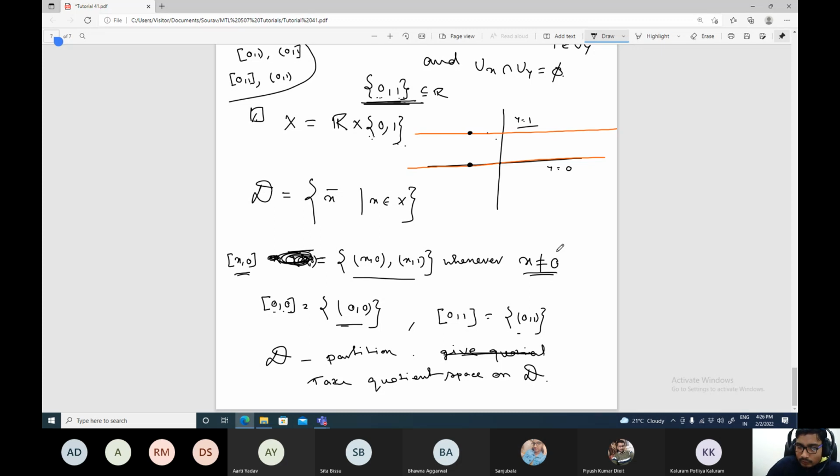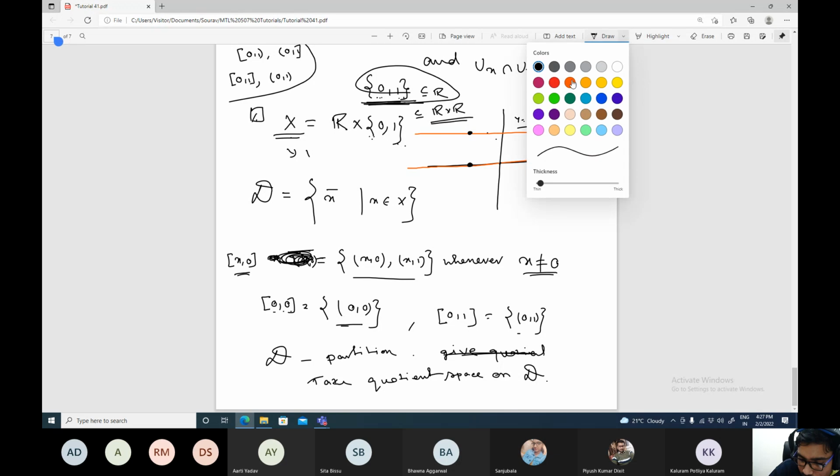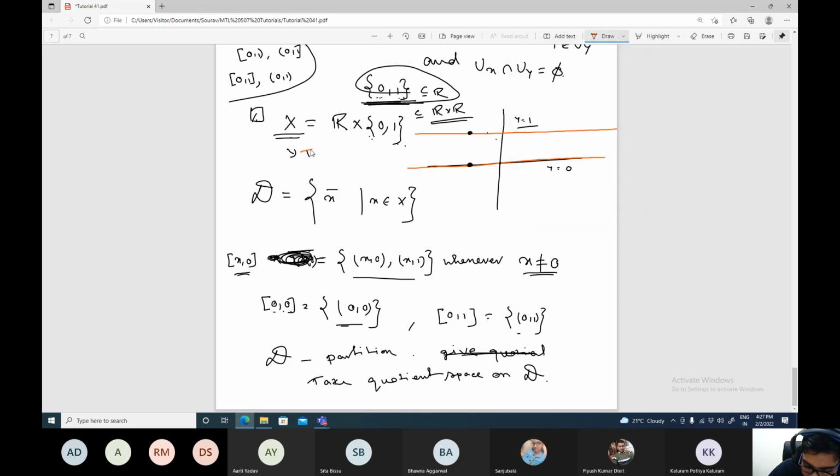Now see, this X is Hausdorff, right? We are taking the subspace topology induced from R plus R. Then R plus R is Hausdorff, and therefore a subspace of a Hausdorff space is Hausdorff. Therefore X is Hausdorff, so X is T2, right? Clear?